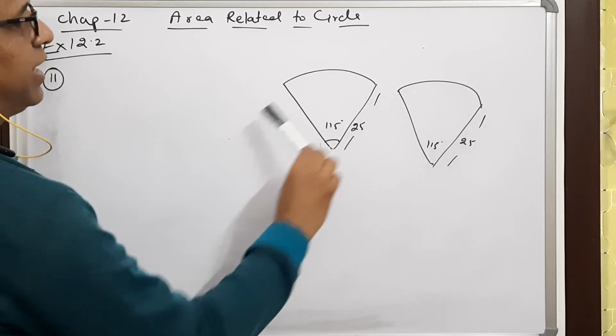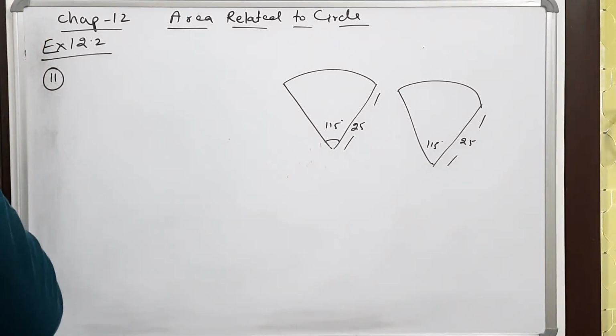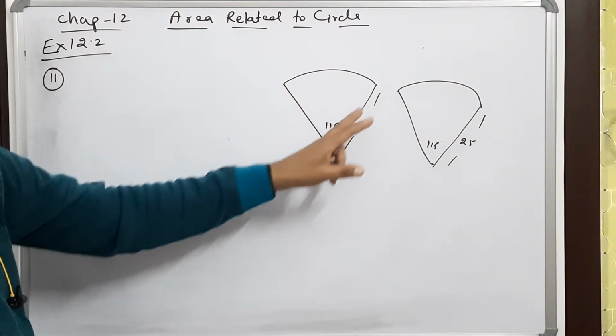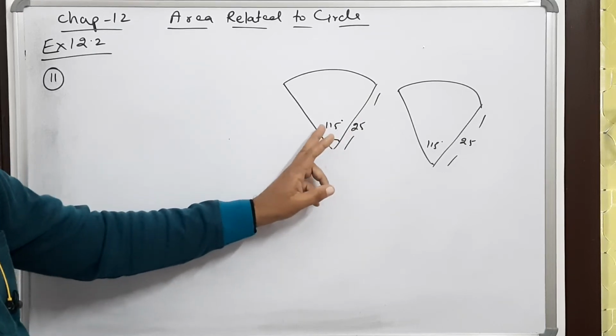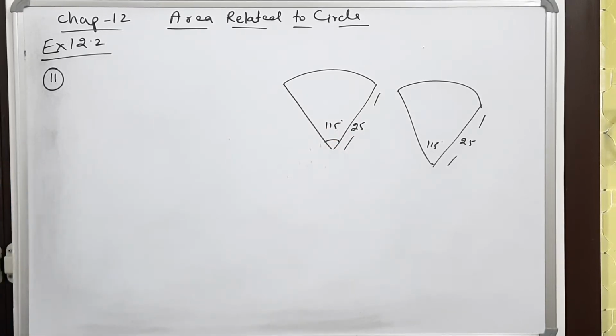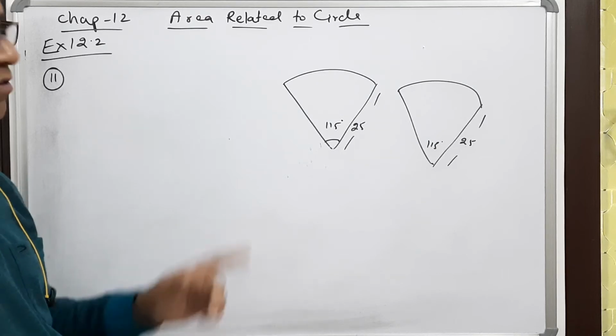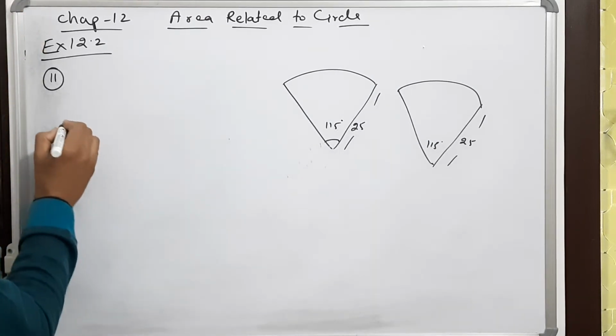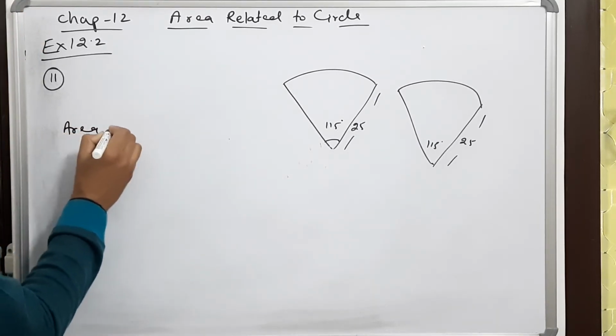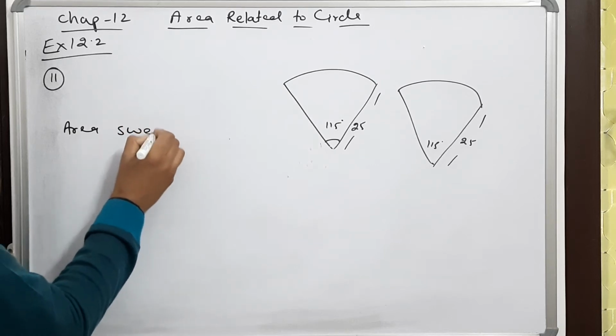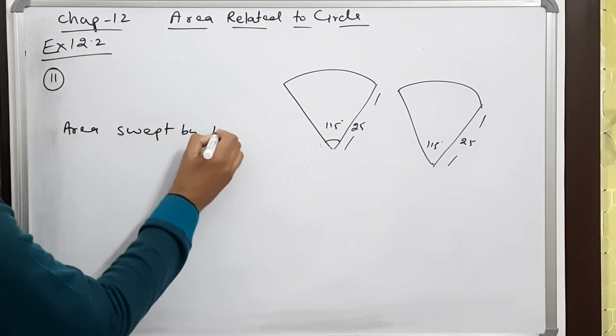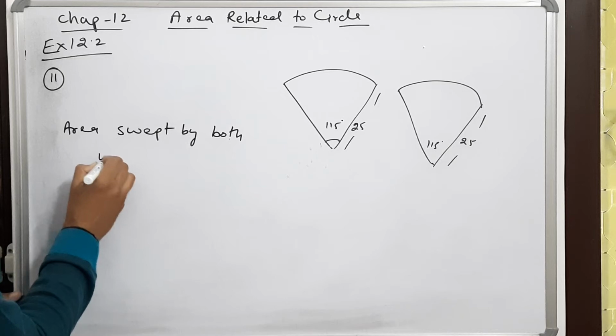So we have to find the area swept by both the wipers. Now see, the length of the blade is 25 centimeter and this angle is 115 degree. So what will be the area swept by both wipers?